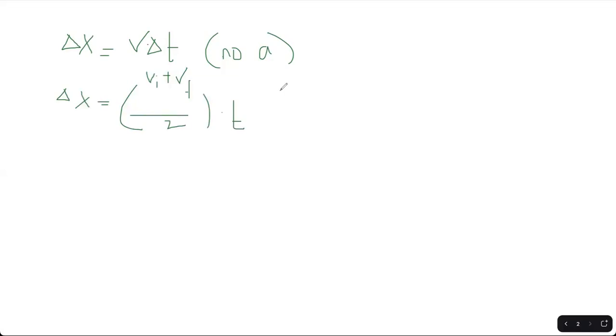One thing I do like to point out is that I'm going to write no A over here, and you might be a bit confused because there is acceleration. Or actually, I'll write without A. The point of this is that this equation does not use the variable A. And that's a key thing, because later on, you're going to do word problems where you're given a few of the variables.